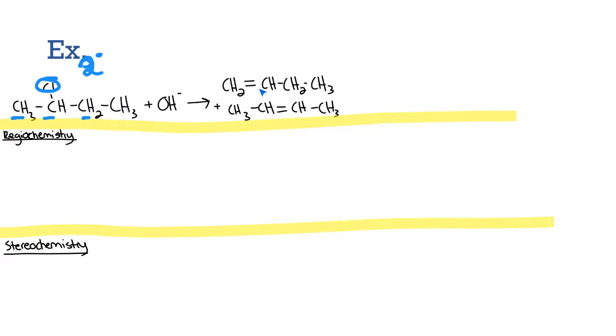Up here I have three hydrogens, 1, 2, 3, around this double bond. Here I only have 2. So this will be more stable because it has fewer hydrogens and therefore more alkyl groups around the double bond. So we can go ahead and go through the mechanism.